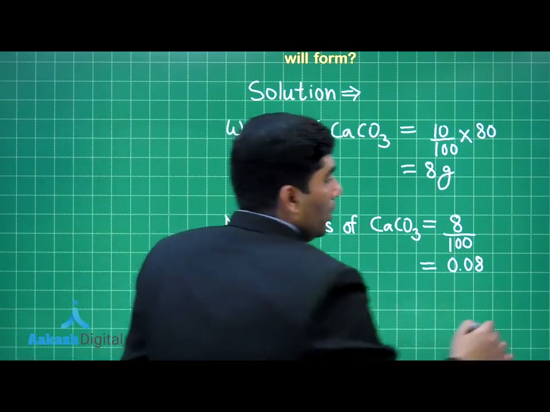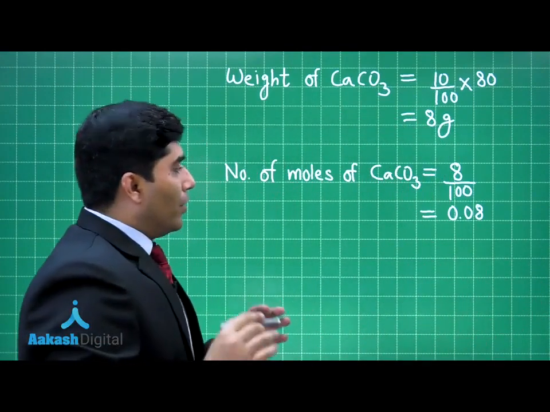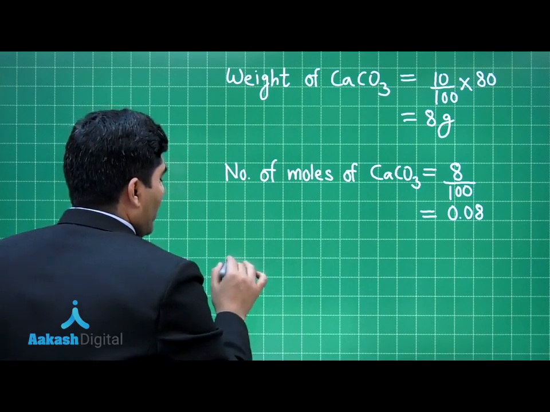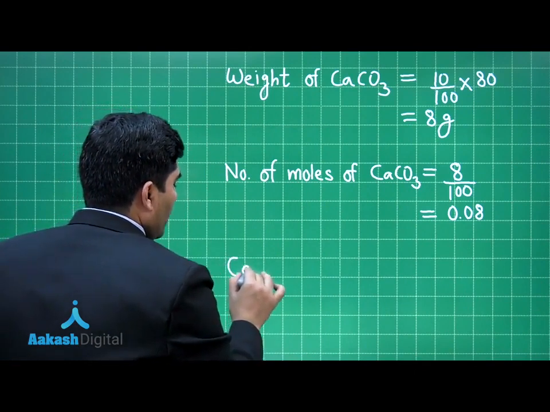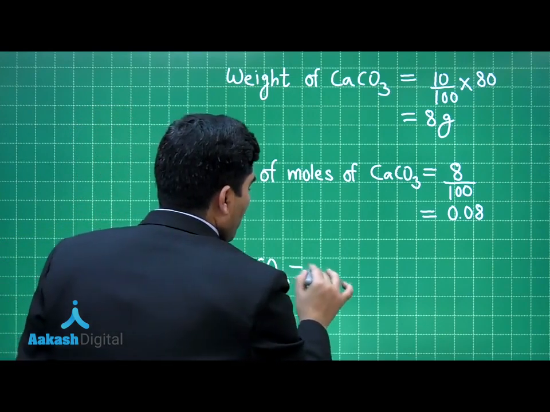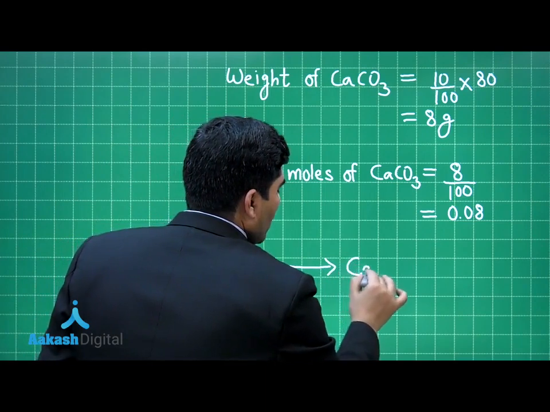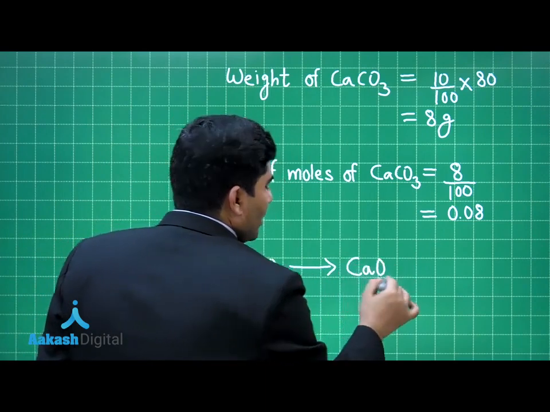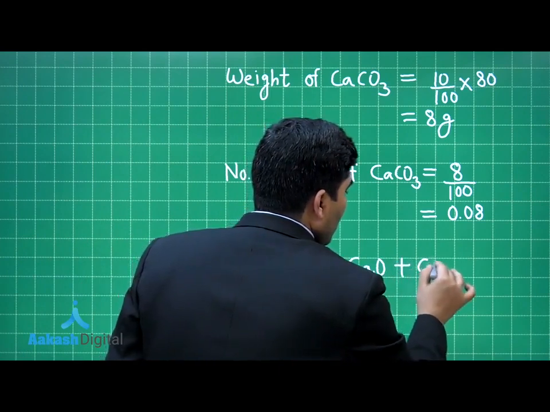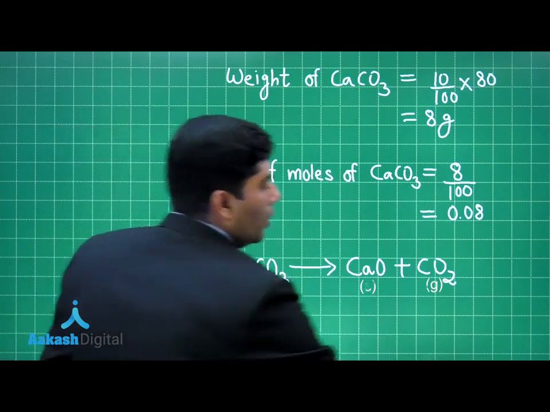So let's write down the equation of decomposition of calcium carbonate. So the reaction is calcium carbonate gives calcium oxide and CO2, right?